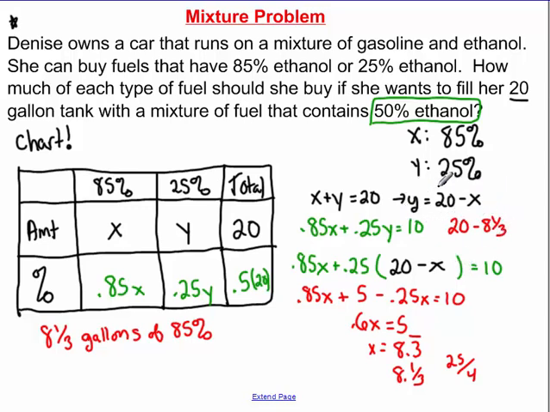I again use this equation to solve for my 25. I did that and I got 11 2/3. So then we have 11 2/3 gallons of our 25%.